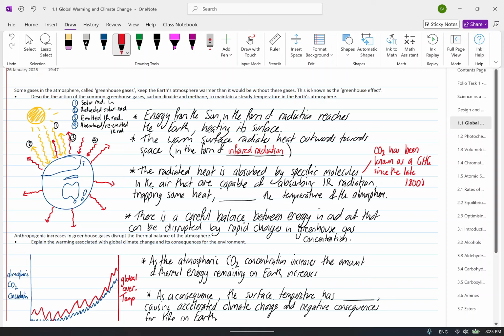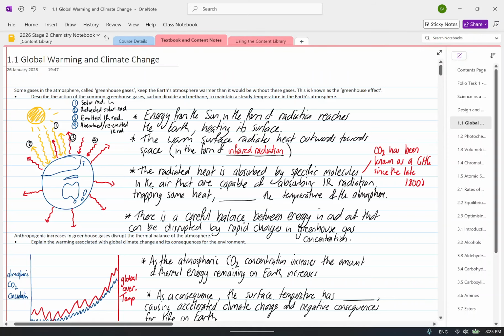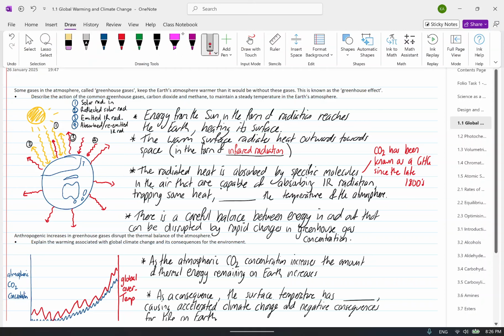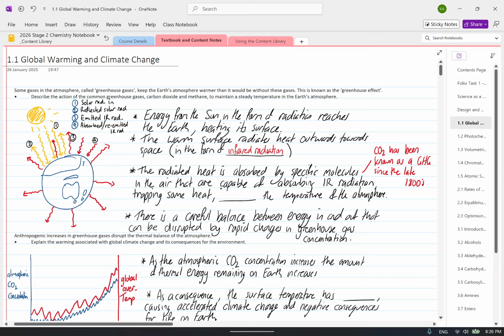Now, this radiation is traveling out from the surface of the Earth, but as it's traveling through the atmosphere, it will encounter specific molecules, known as greenhouse gases, that are capable of absorbing that infrared radiation and heating up, as well as re-radiating it back towards the surface and into the atmosphere. So when this occurs, this trapped heat will increase the temperature of the atmosphere.